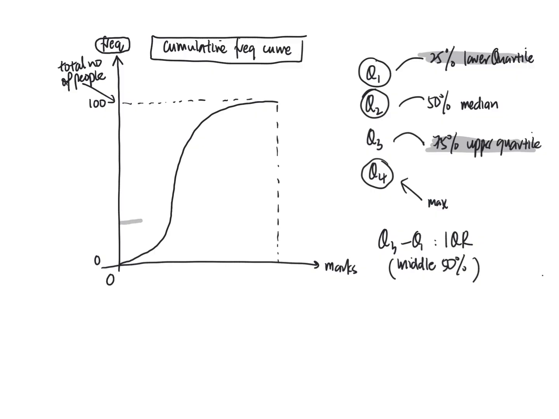First, the first 25% of the people is here, so when you read, you are reading Q1 here. And then when we say 50%, it's the middle 50% of your data. It is over here. So this is about 50% of your people who participated. And then the 75%, maybe somewhere here.